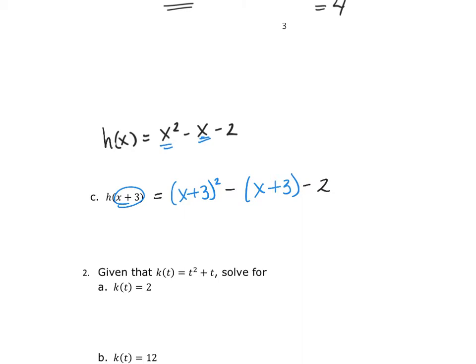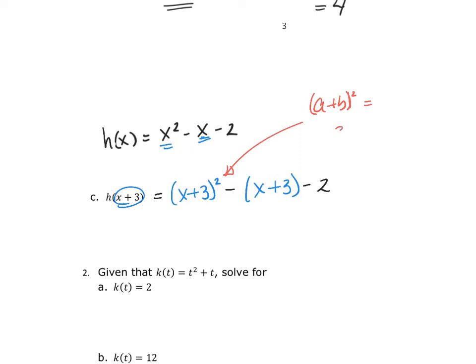Now, this is one of those things that we hope you come into this class with knowledge of, but if you don't, that's okay, because I will go over them. This is what we call a perfect square trinomial. It is of the form a plus b, the quantity squared.